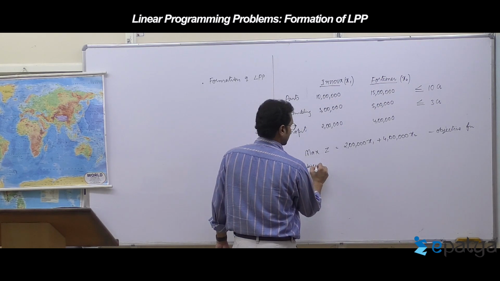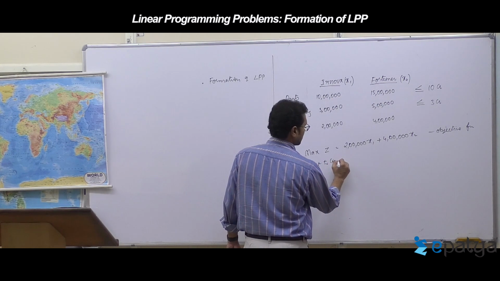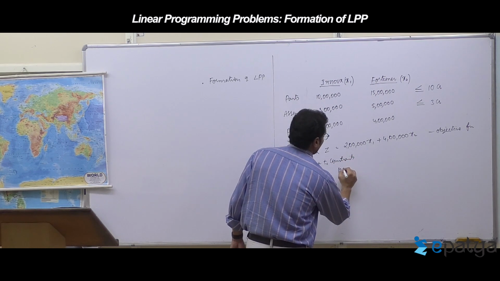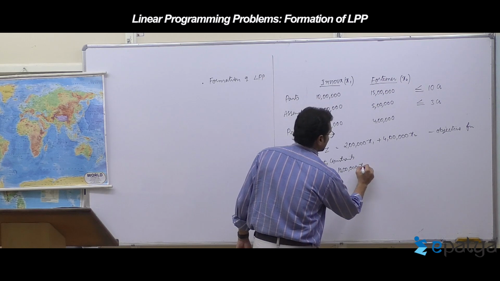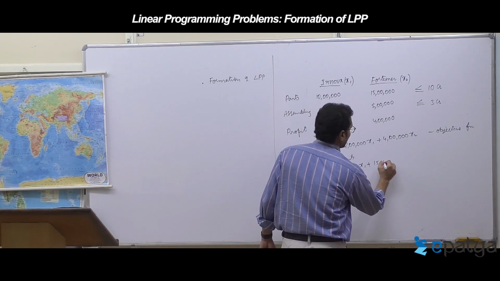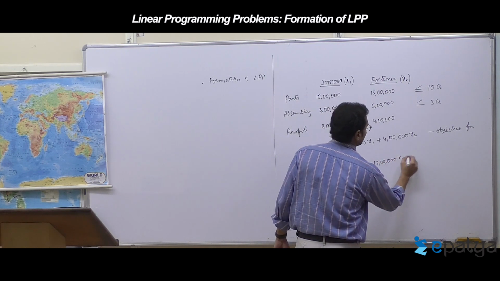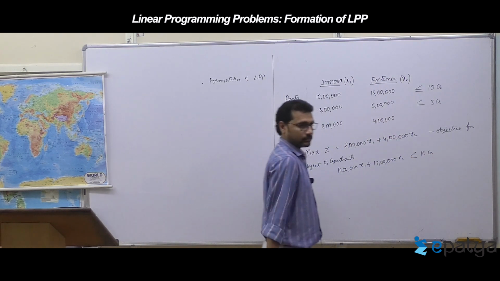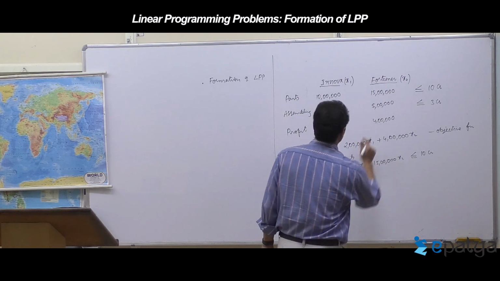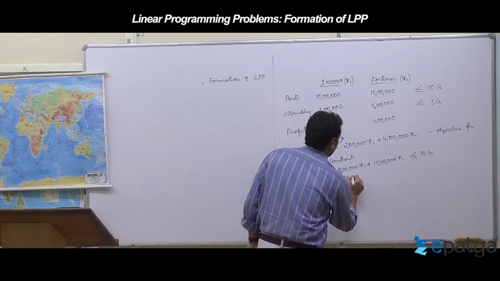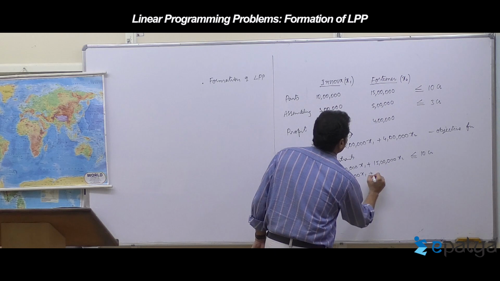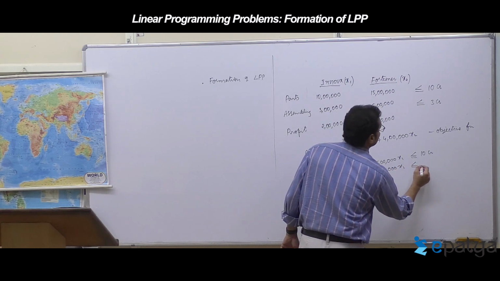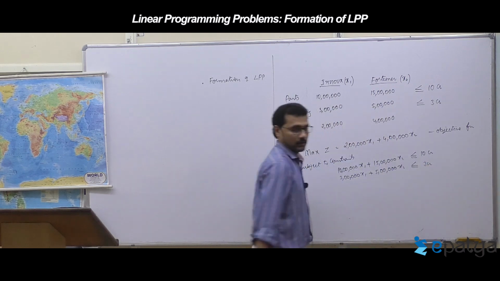Subject to the constraints, 10 lakh times X1 plus 15 lakh times X2, always less than or equal to 10 CR. And then one more constraint that I have is 3 lakh times X1 plus 5 lakh times X2 is always less than or equal to 3 CR.